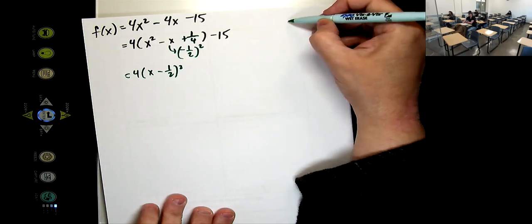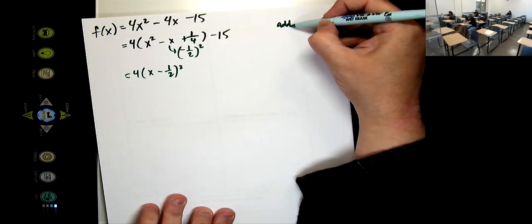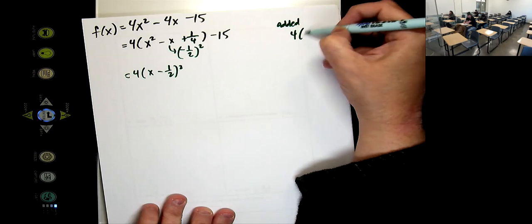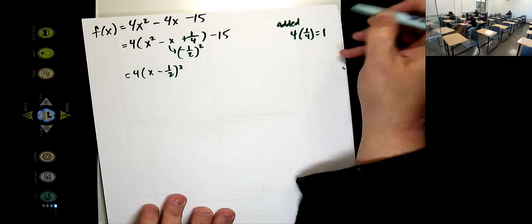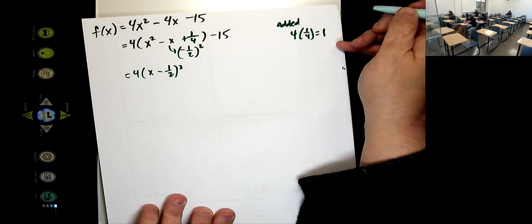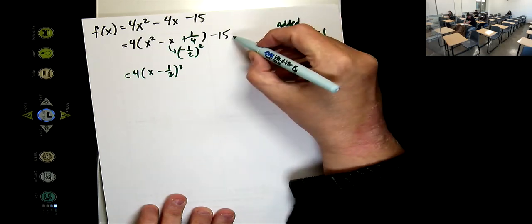So I've added 4 times 1/4, which is just 1, which means I have to subtract 1.